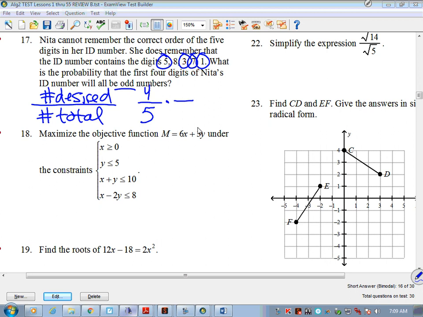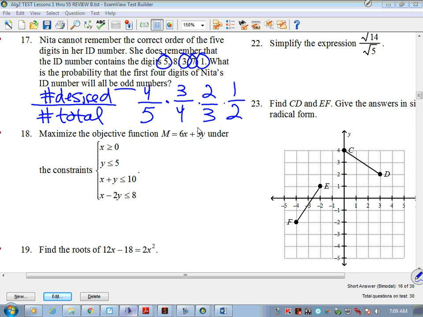Okay, and then on the second one, it's just 3/4 because now we've already used one. Okay, and then 2/3. Okay, and then 1/2. So we would multiply those things. Okay, 4/5 times 3/4 times 2/3 times 1/2.